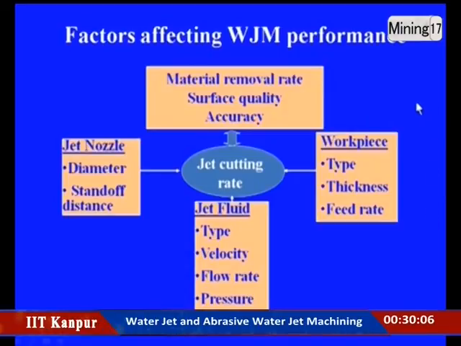Then the third category is the workpiece related parameters. So, here what is the type of the workpiece, then the thickness of the workpiece, and then the feed rate of the workpiece. It is to be mentioned here that if the workpiece has a very high thickness, then the process may not be very efficient.